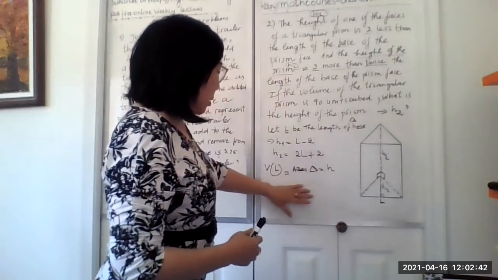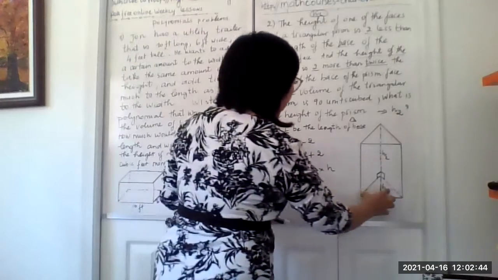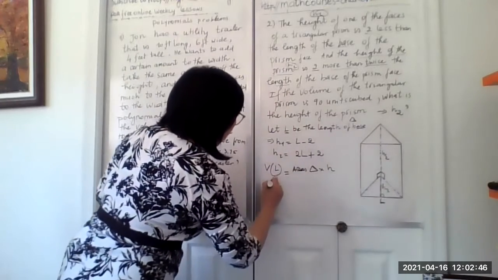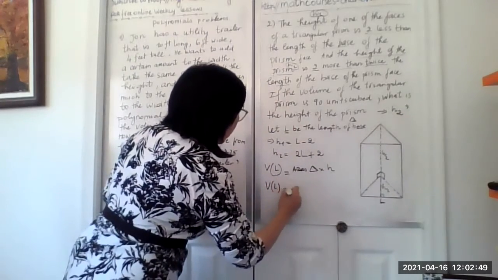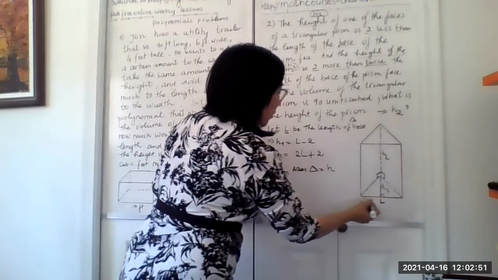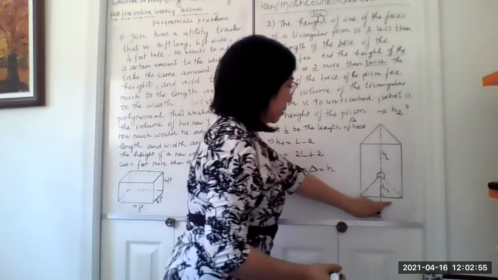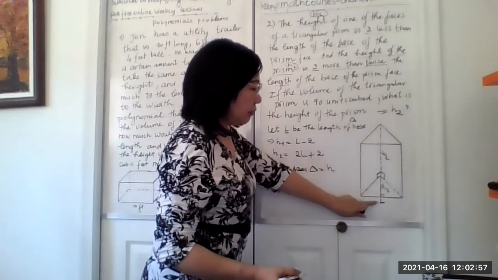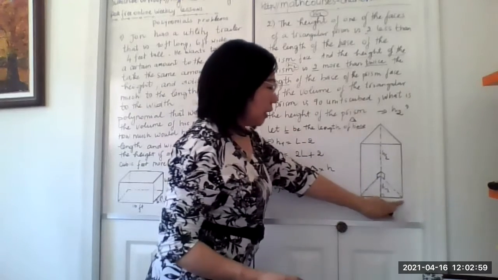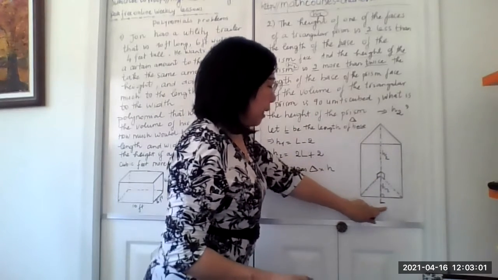So here we will use the area of a triangle. V of L here will be equal, the formula for the area of a triangle is base times height divided by 2.